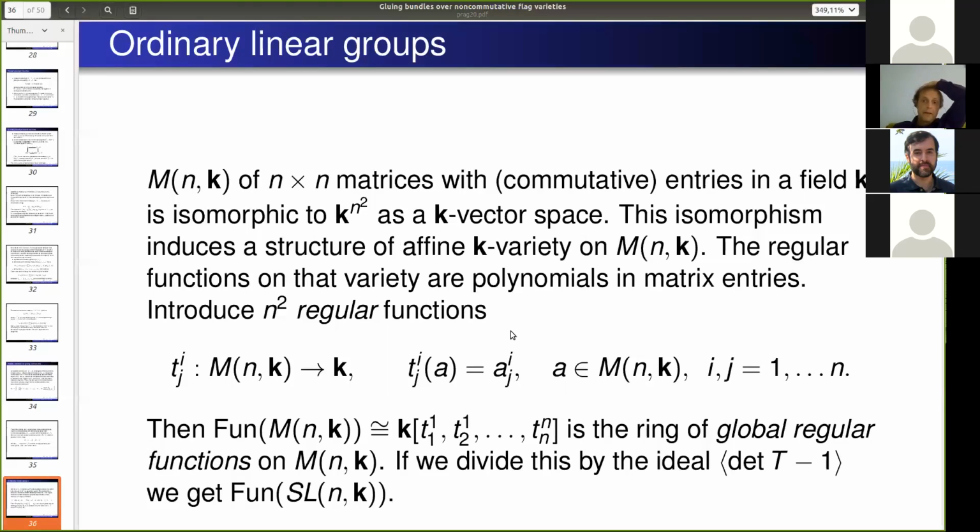So remember linear groups. I want to have some kind of non-commutative analog. So what is the Hopf algebra on a linear group? Well, I take functions, the matrix entries as functions of the matrix. With these entries as certain functions, you can also include determinants and things like that, like for the usual matrices.